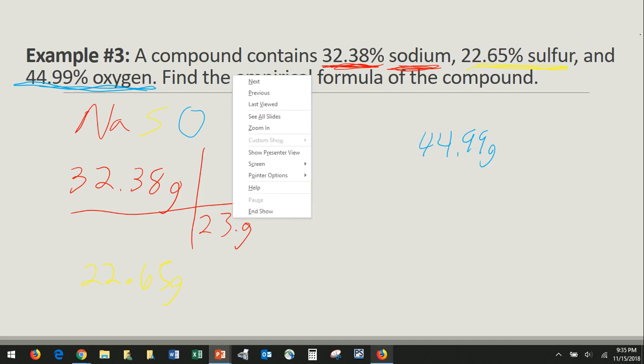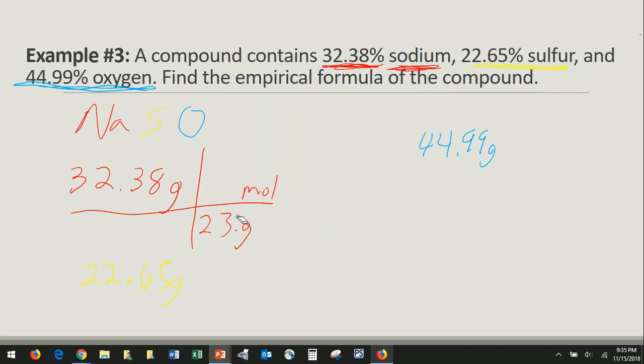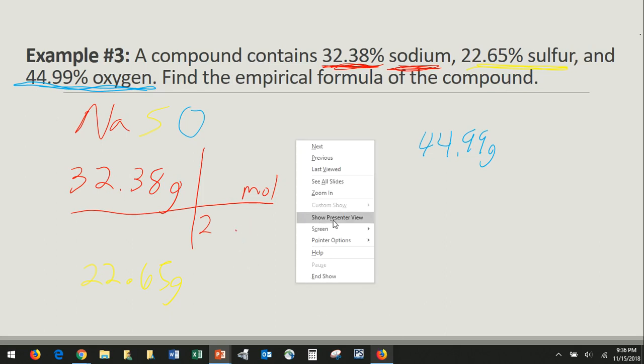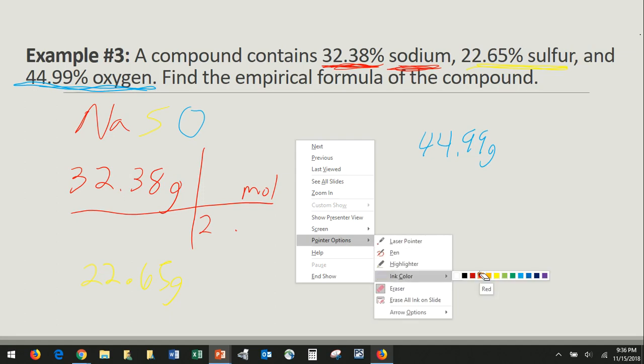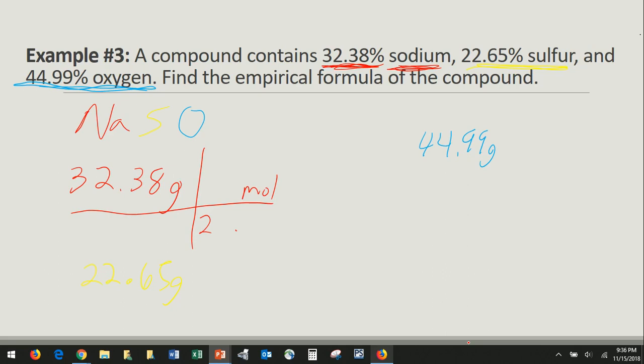Actually, let me do it this way. All right. So if you go to the periodic table, you will see that 1 mole of sodium weighs 22.98 grams.